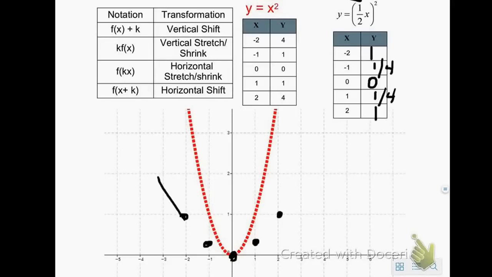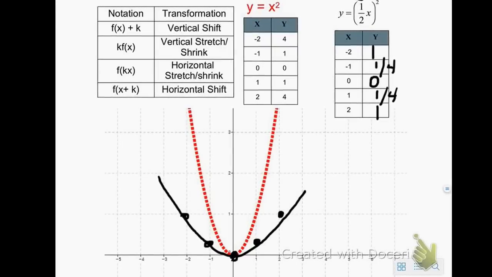Again, this looks very much like the vertical shrink, but we want to compare it horizontally since the number is inside the parentheses. And horizontally, this is much wider than the parent graph, so I would call that a horizontal stretch.